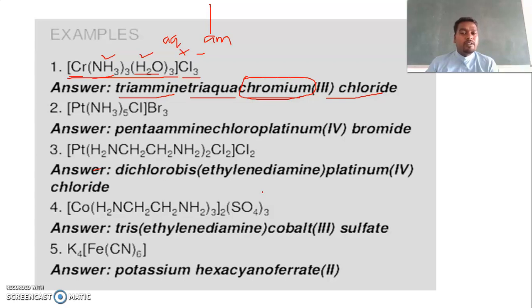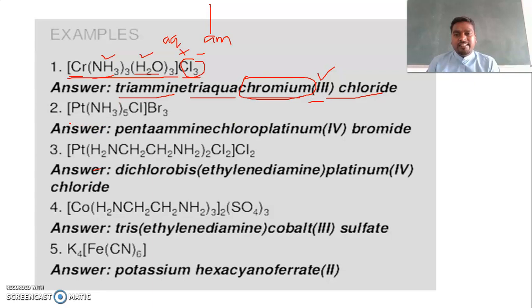Usually a doubt arises among students: we do not mention the number of counter ions, because the number of counter ions depends on the oxidation state. Instead of the number of counter ions, we indirectly represent it by the Roman numeral after the central metal atom within brackets.